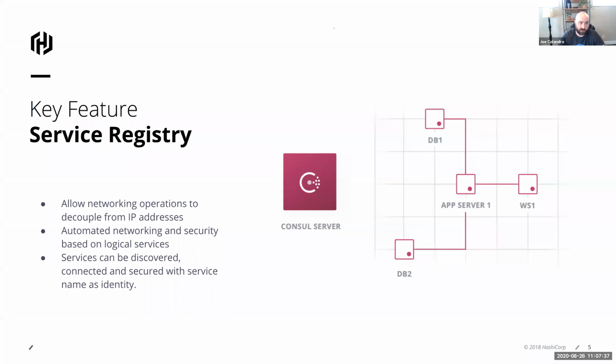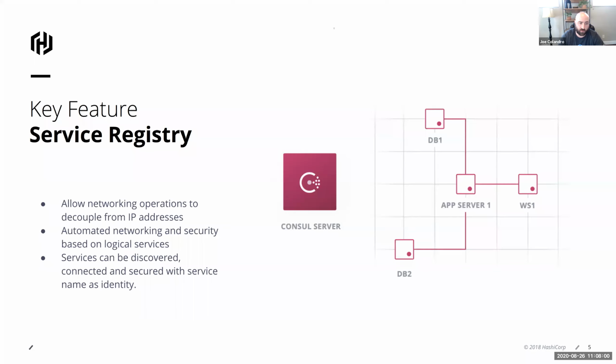Consul is really built on this key feature of a centralized service registry. And this is essentially just a key value store of service name and IP address. It's this notion of centralization of this registry that everything else we're going to talk about today builds off of.